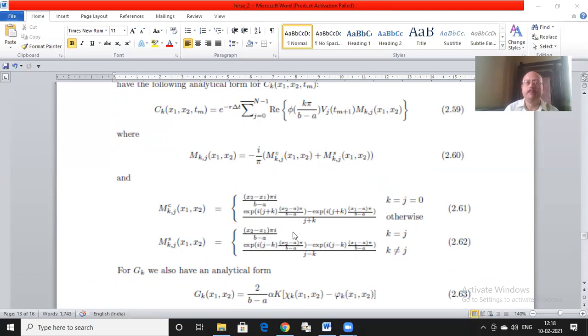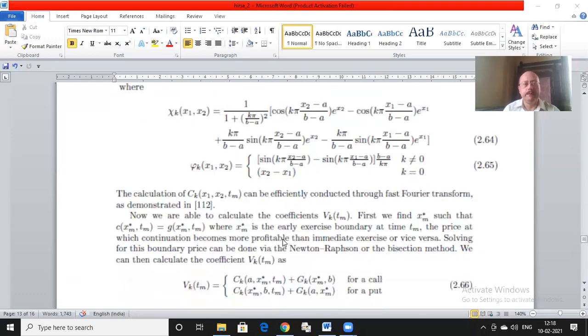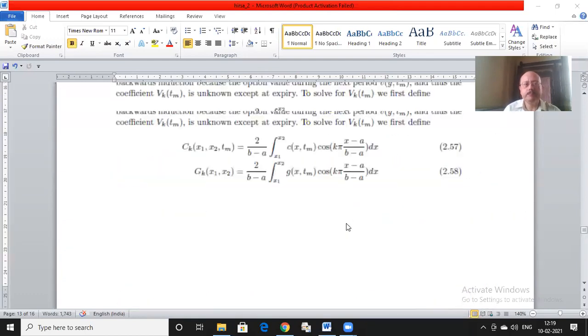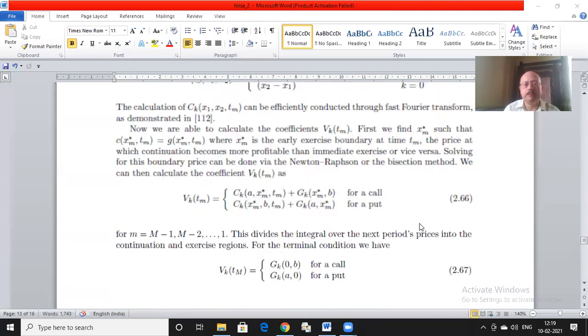So those matrix calculation ideas can be directly used for calculation of CK. And finally, then VK calculation, we will do combining them.